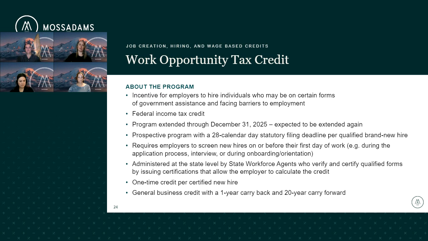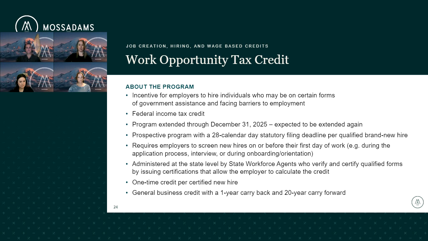Another program is the Work Opportunity Tax Credit. So this is a great program for businesses who might be hiring certain individuals that are on government assistance. Specifically, businesses that hire minimum wage, non-highly skilled workers tend to see larger percentages of qualification.